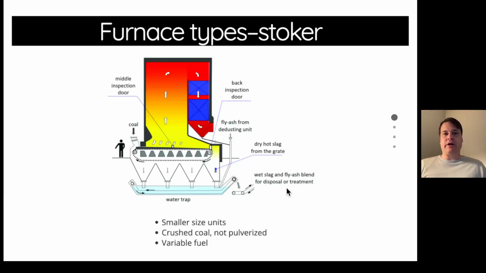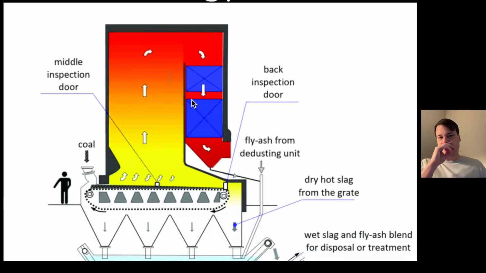There's lots of different kinds of furnaces. The big ones that we've talked about are wall-fired units. There are also smaller units called stokers, and those will typically have a grate that the coal is fed onto. These will have gravel-size chunks of coal, sometimes bigger, maybe about the size of a ping pong ball, and maybe a little bit smaller.